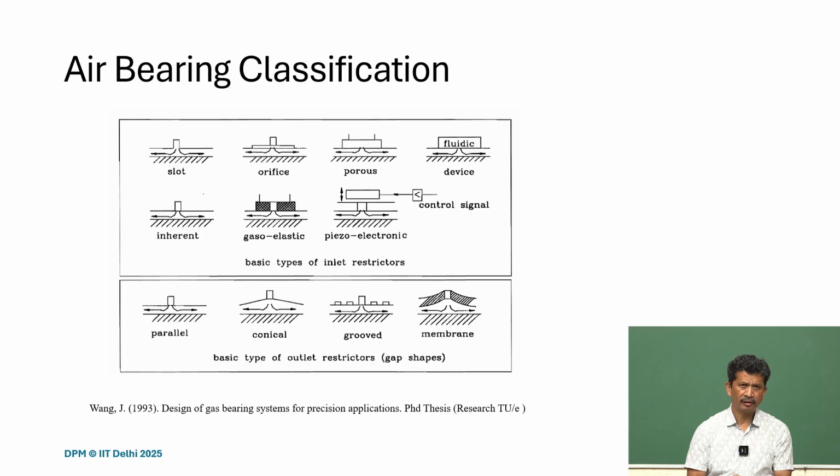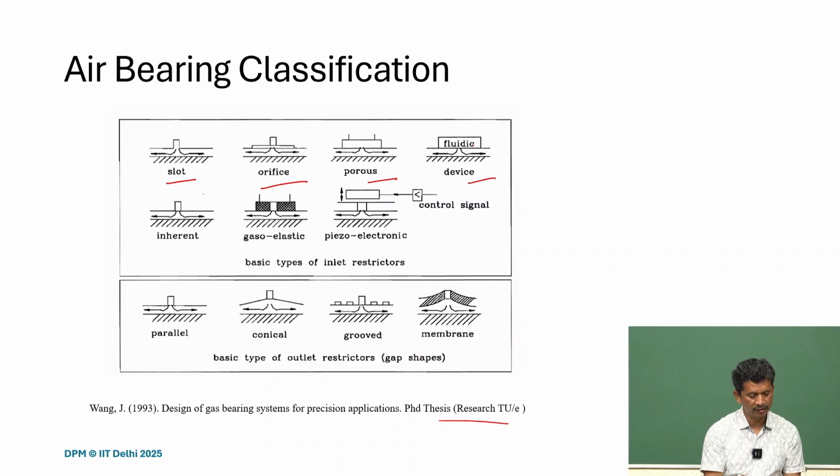All kinds of air bearings can be classified. A lot of work has been done at different places by different people. You can see slot, orifice, porous. Some devices are also fluidic, inherent, because of the pockets and those designs, and we can get squeeze film.